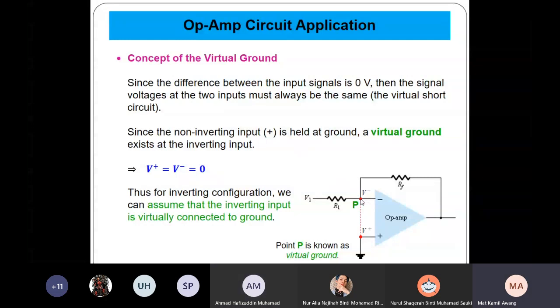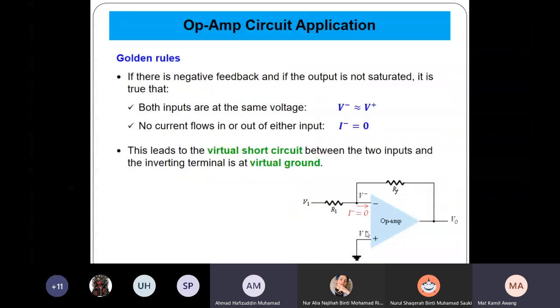So virtual ground, then it's 0 volt here. Why is it virtual ground? Because you have a virtual short circuit here. Because V plus and V minus are equal and equal to 0, because V plus is connected to the ground. Okay? V minus and V plus are equal. Here, this golden rule. Okay?